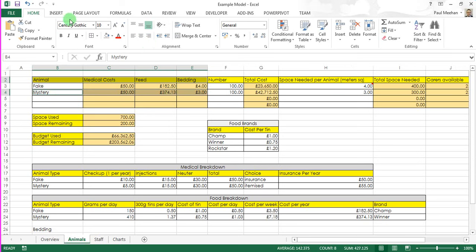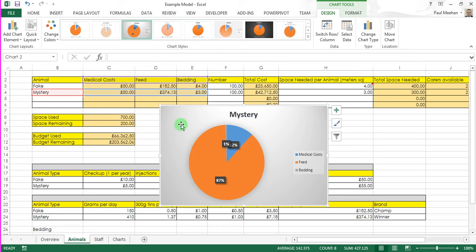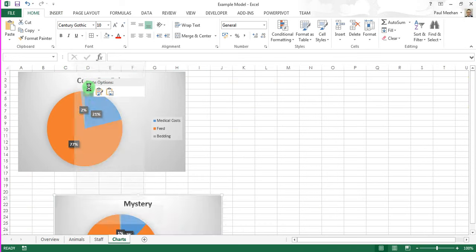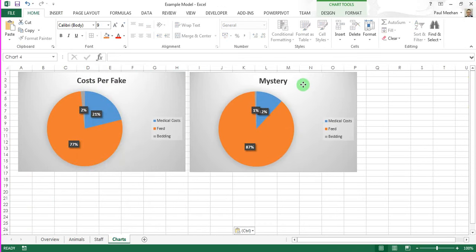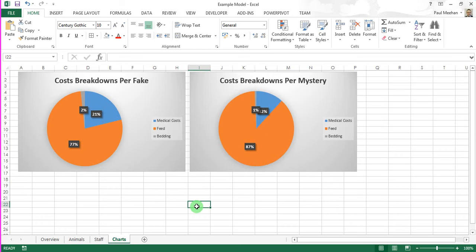We're going to do the same thing for mystery, and I'm going to go to insert, go for a pie, and cut, put it in the charts. I'm going to call these breakdowns. Okay, so these are two charts I could do.